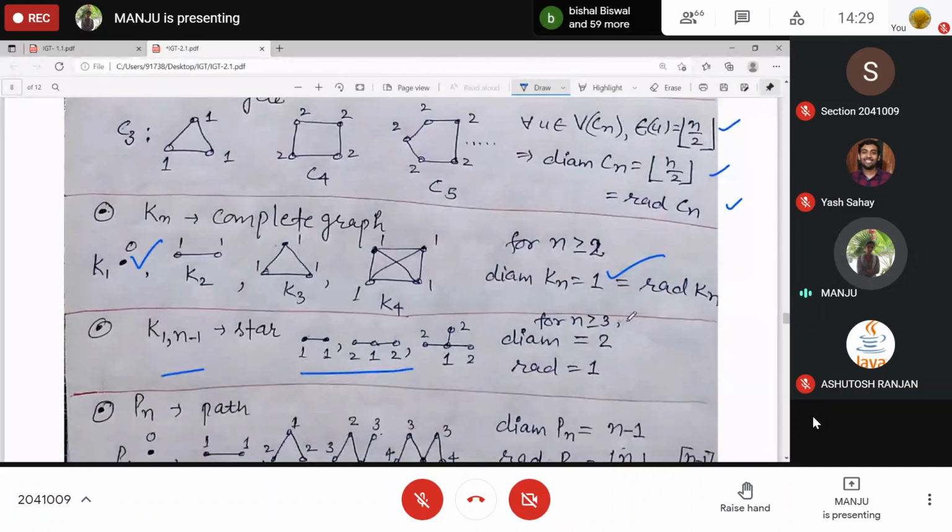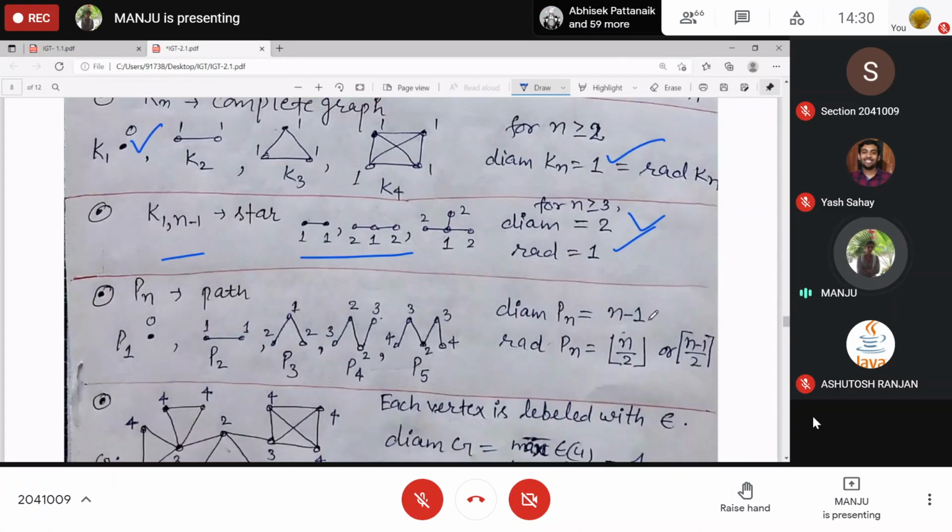Similarly, you can find for star, it is given over here, diameter is 2. If you take any 2 leaves, they are two distance away. Okay, any two leaves, and radius will be 1. Minimum eccentricity is for the center point, whose eccentricity is 1, and the minimum eccentricity is given by radius, right?